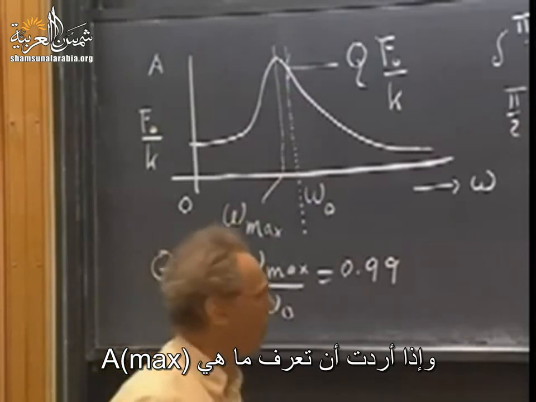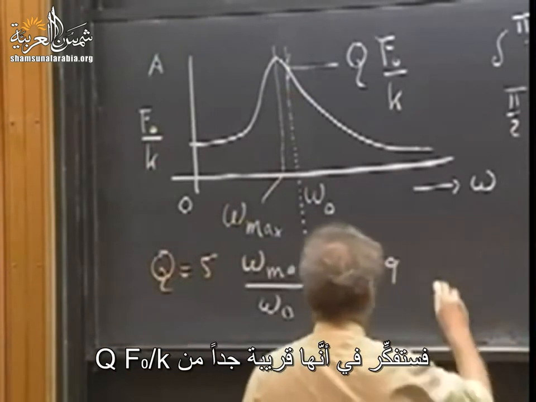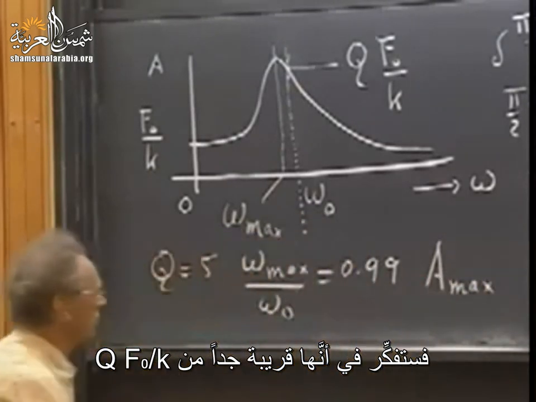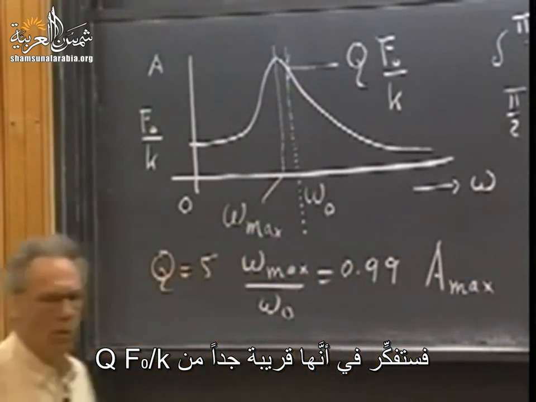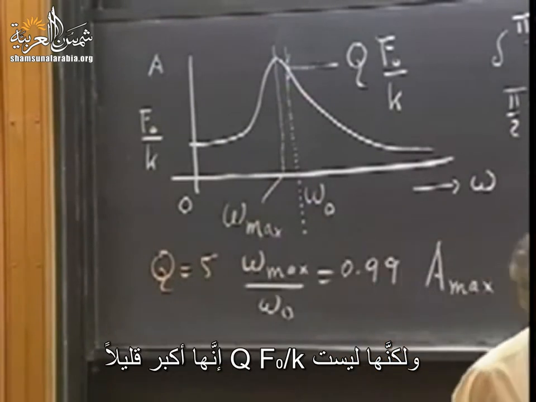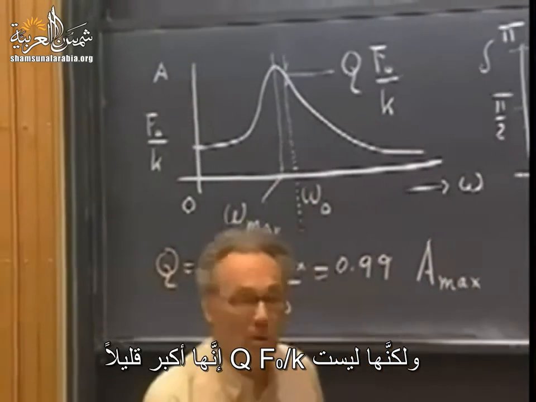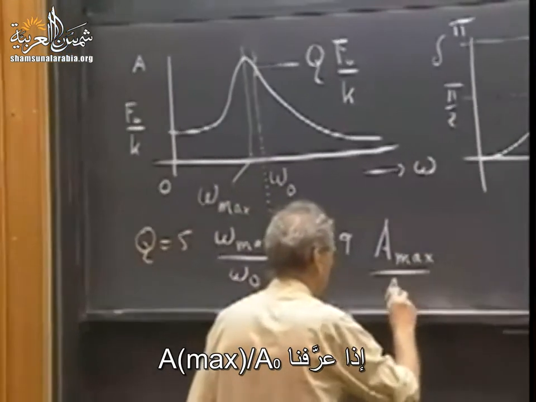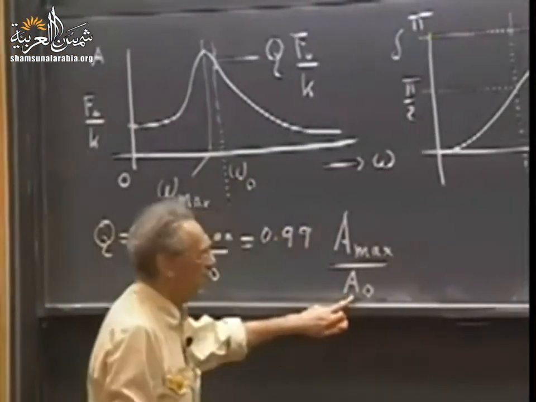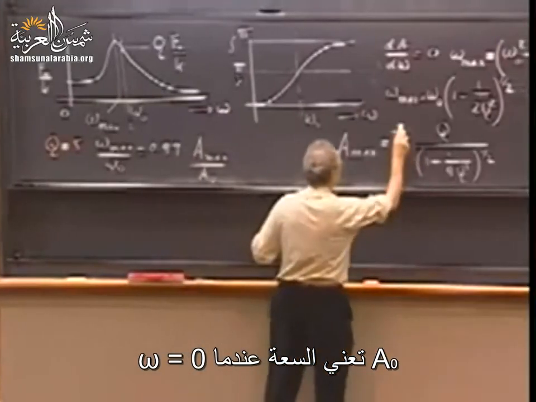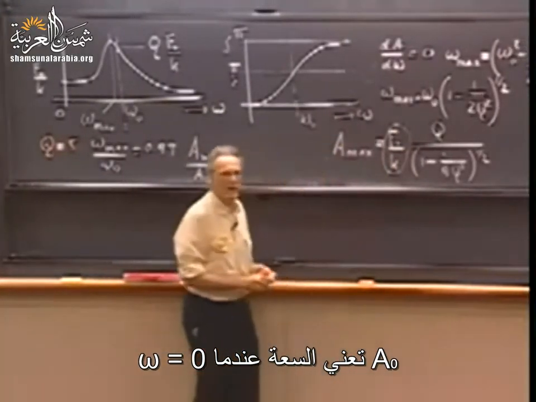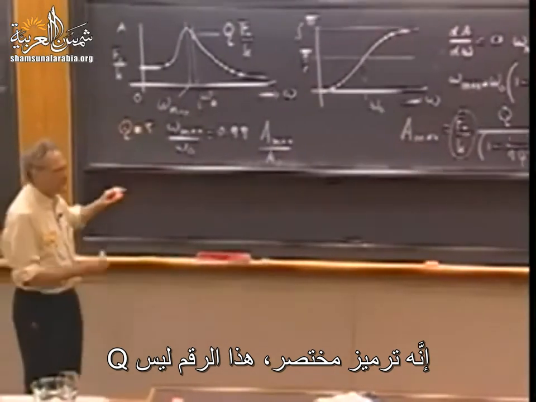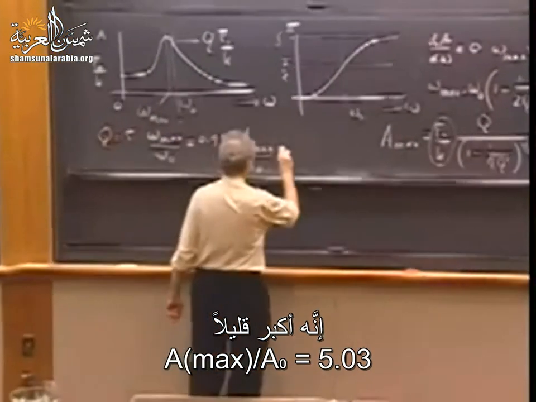And then if you want to know now what A max is, you would think that A max is very close to Q times F0 over K, but it is not Q times, it is a little larger. So A max divided by A0, where A0 is meant to be the amplitude when omega equals 0, that is a shorthand notation, this number is not Q, a little higher, it is now 5.03.